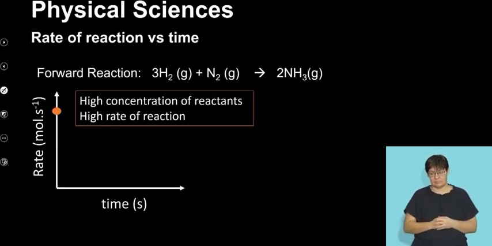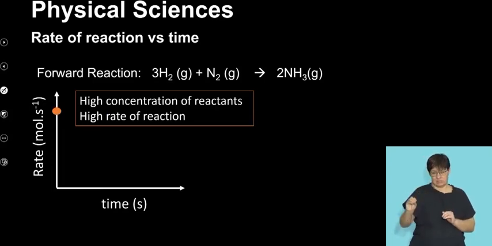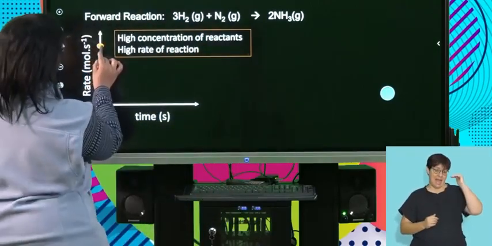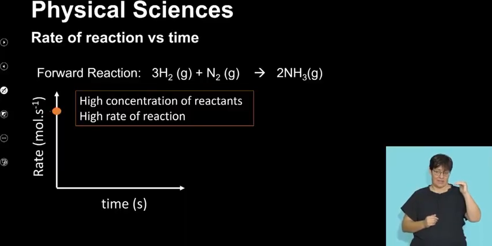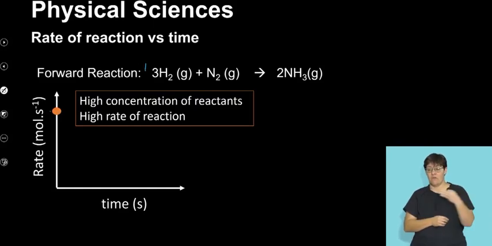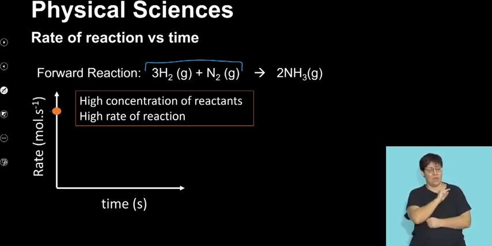If I can go to a graph and plot a rate over time graph, I can actually do the following. Remember, we started off with a high concentration of nitrogen and hydrogen. So for the forward reaction, we had loads of this, and because we had loads of it, we had a high rate of reaction because there were lots of particles that could collide.